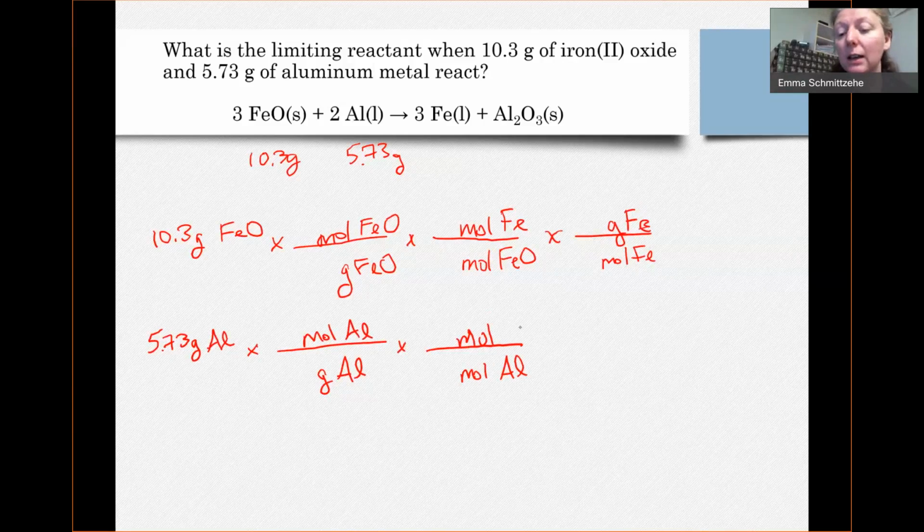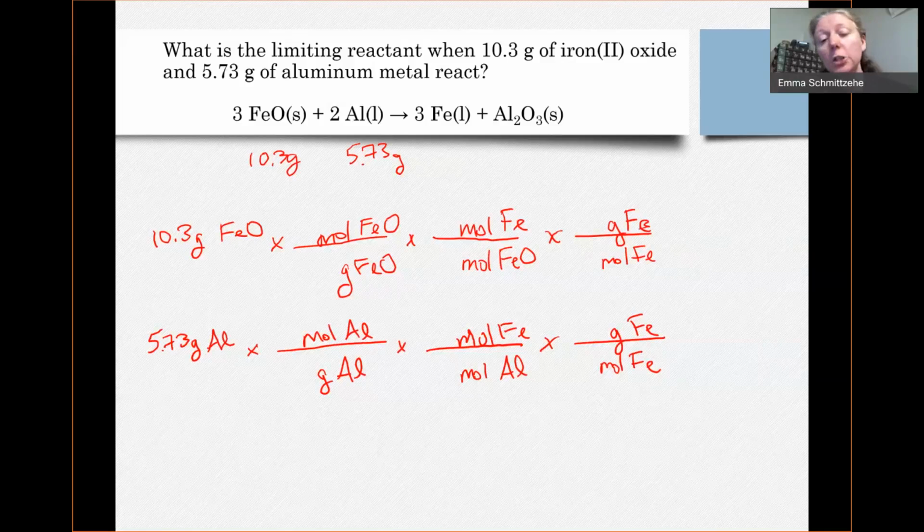Okay, so in this case, iron. If you chose to do aluminum oxide, you would convert it to aluminum oxide. But it doesn't matter which one you pick. You just need to convert both to the same substance. And then again, I will convert it to grams of that substance.